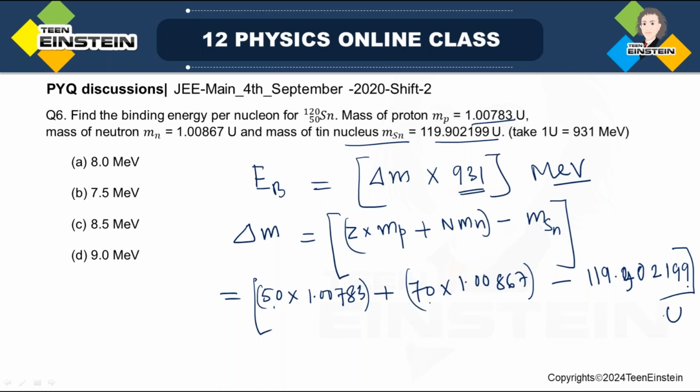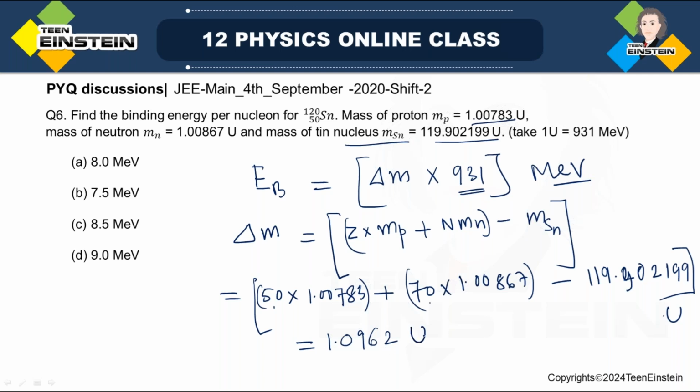So this will be in U unit, and this you will find to be 1.09762. See, I have kept at least 4 digits.